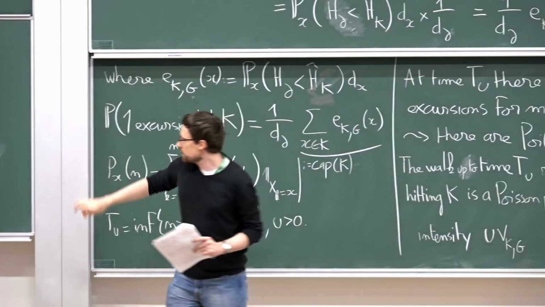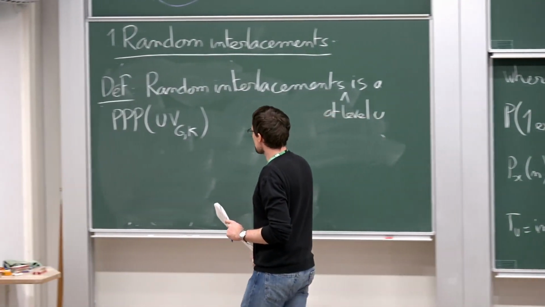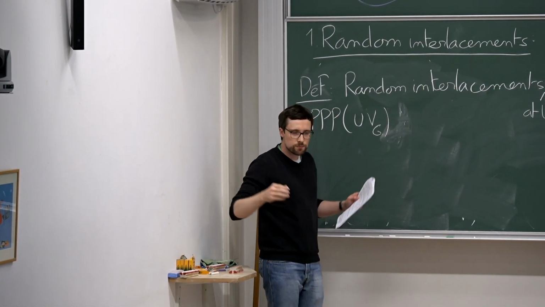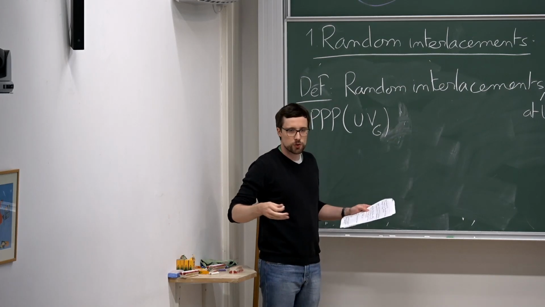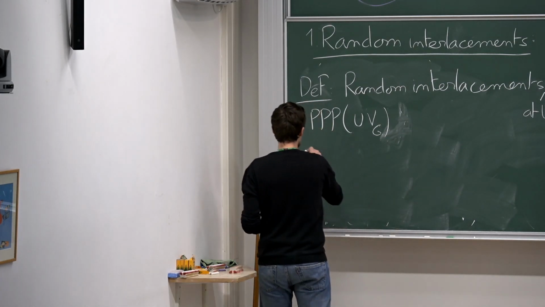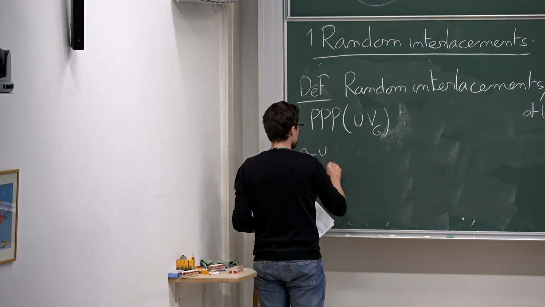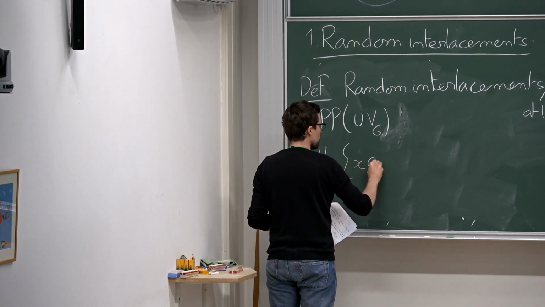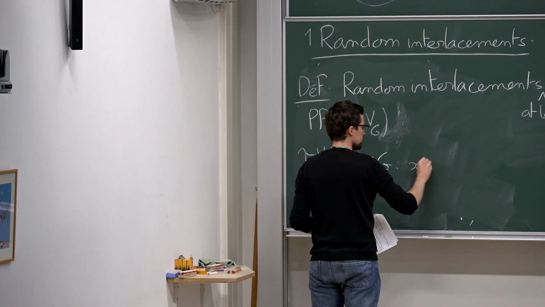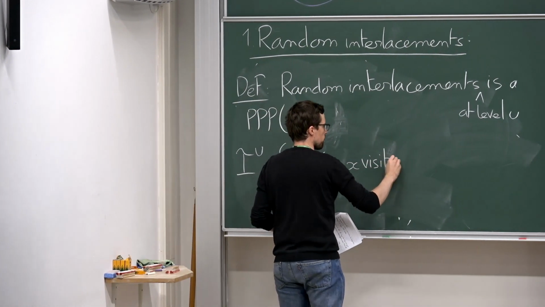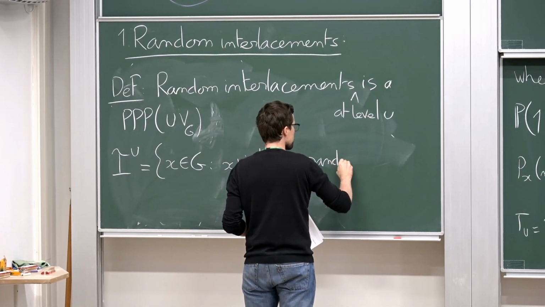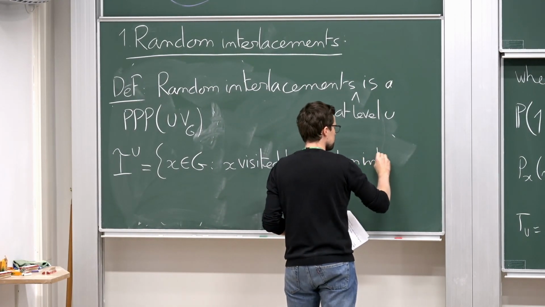And the bigger u is, the more trajectories you have. By that I mean that restricted to a finite set, I have more trajectories. In total, I have an infinite number. And the random interlacement set, which is usually denoted by I^u, is just all the points which are visited by the random interlacement. That means there is a trajectory in my random interlacement that visits x.